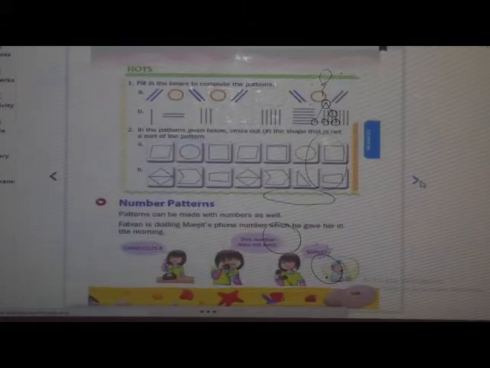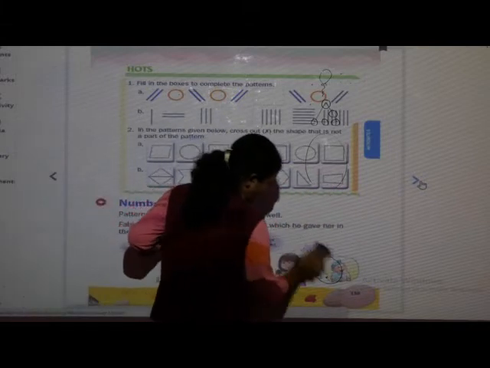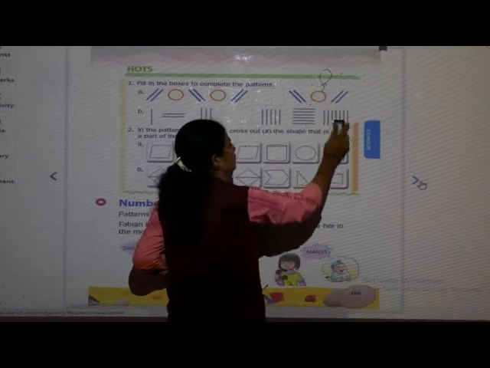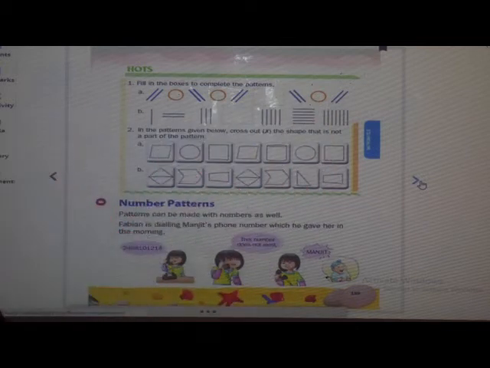Next, hot questions. Are you ready, students, for hot questions? Yes? Come on, observe the pattern. पैटर्न को ऑब्जर्व करो, देखो ठीक से क्या है.